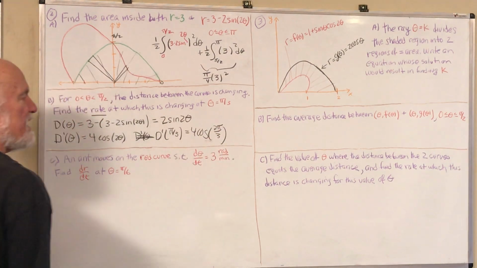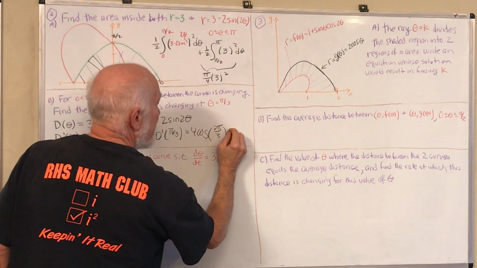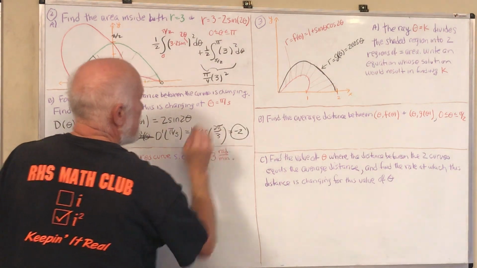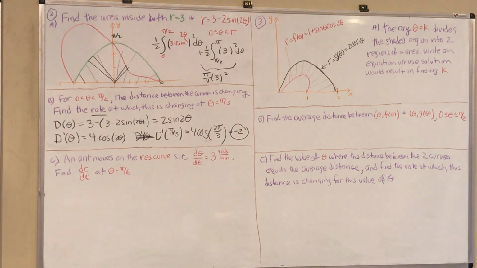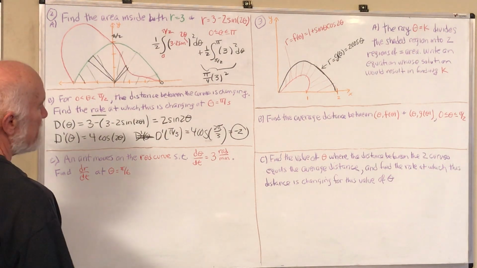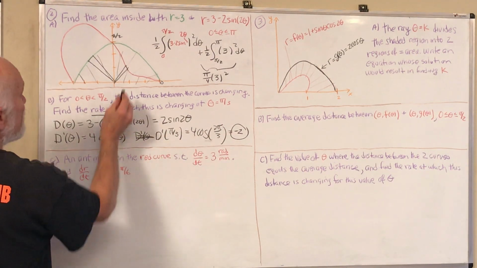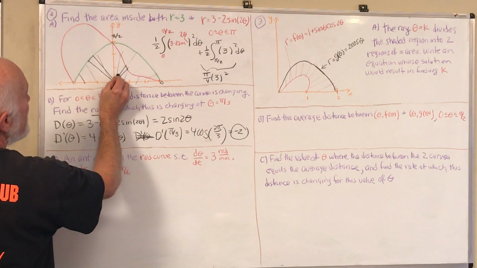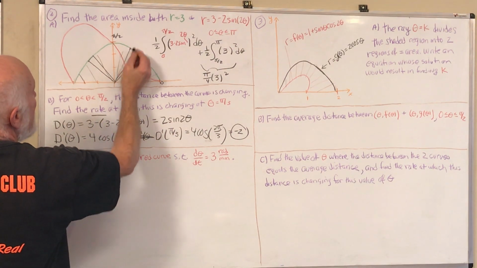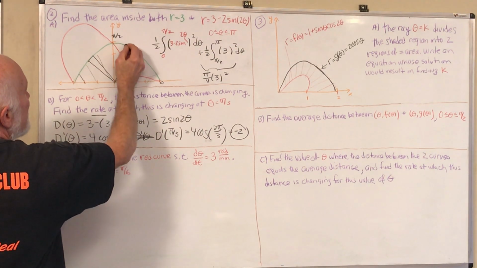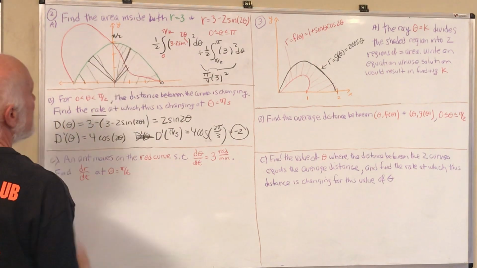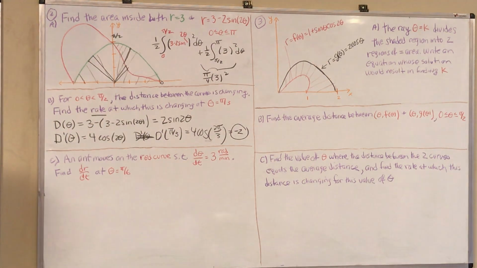Well, that happens to be negative 1/2. So you get negative 2. And that makes some sense that it's negative, because look at pi over 3, you're right here. Look at the distances. They are getting smaller between there.